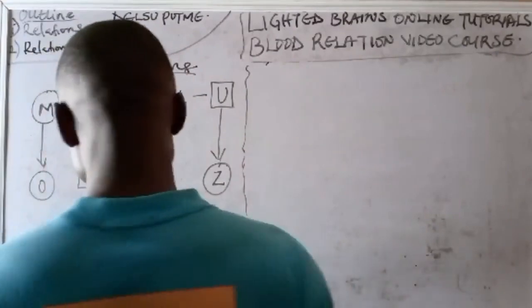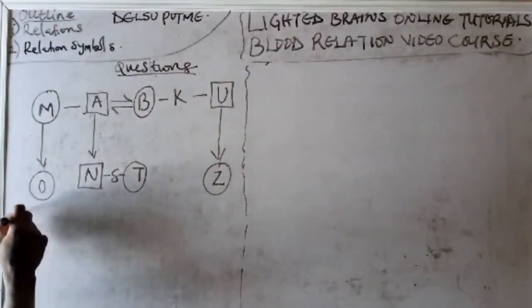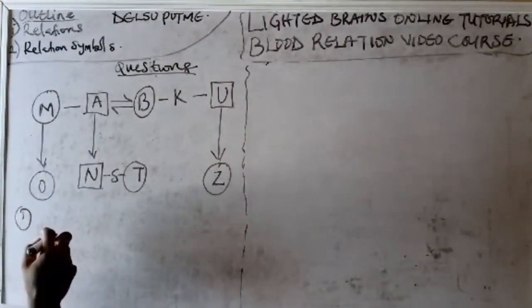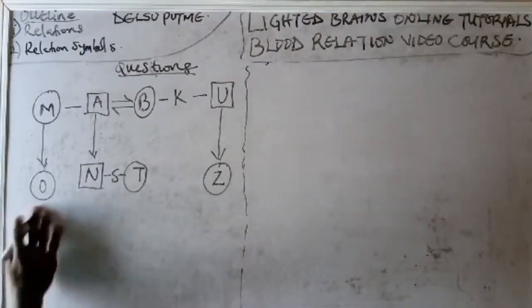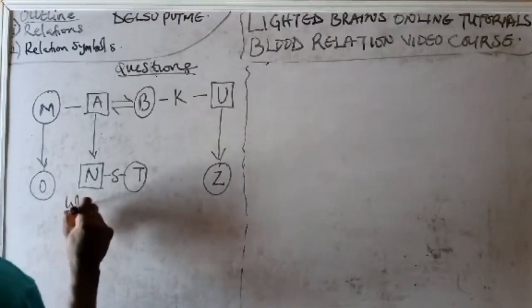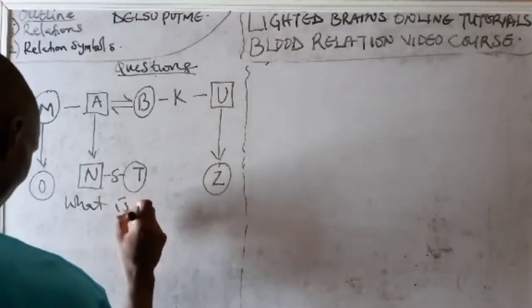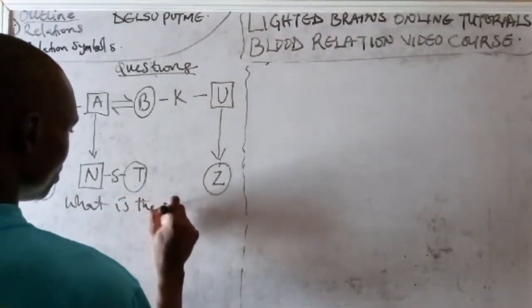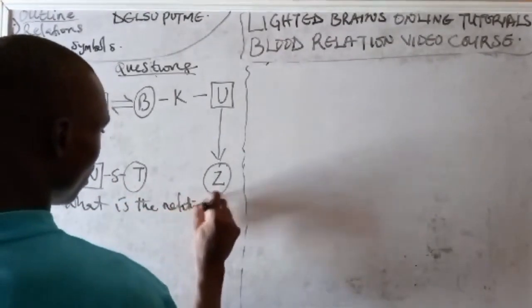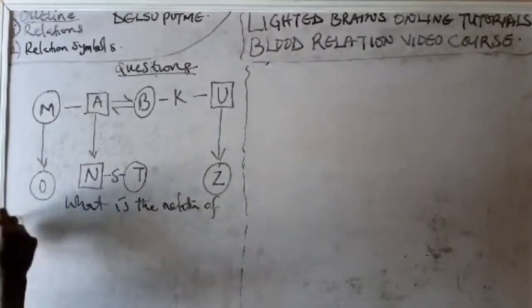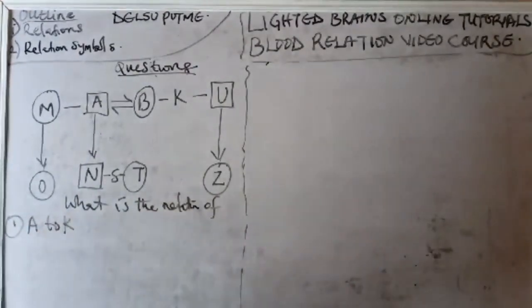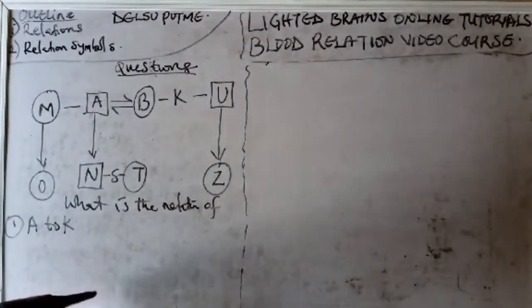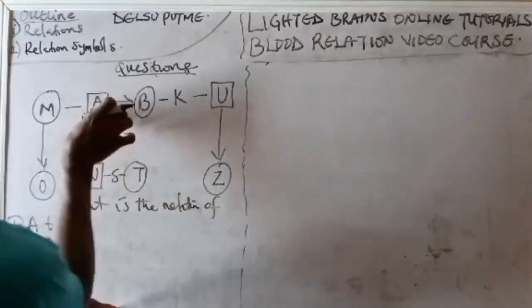Alright, so our question 1 here is: find the relation of A to K. Now please, this A to K means, how does K relate to A?